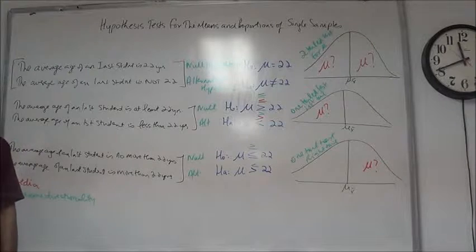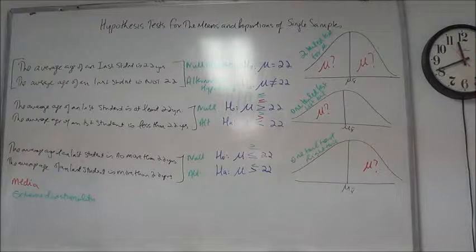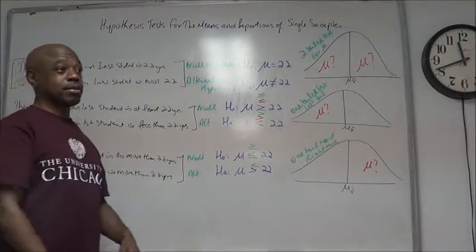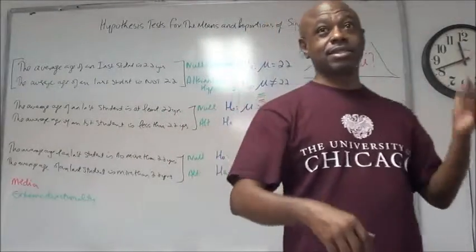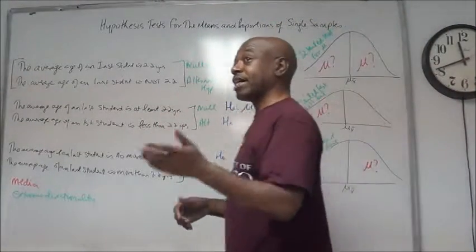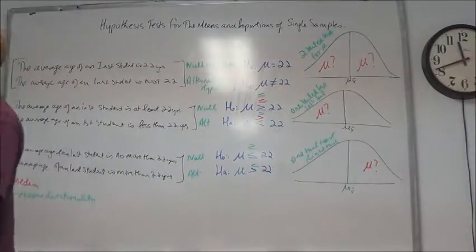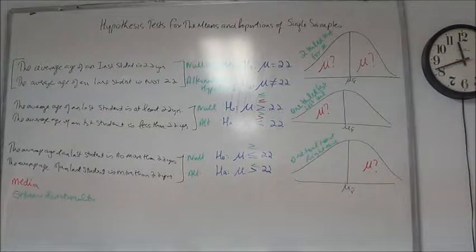A research hypothesis refers to situations where the person conducting the test and the person conducting the research are the same. Let's take a pharmaceutical company, GlaxoSmithKline, Pfizer, Merck, whoever. They conduct clinical trials all the time.